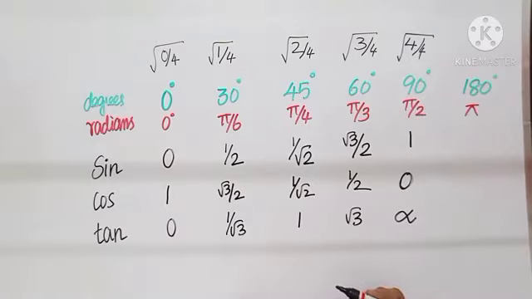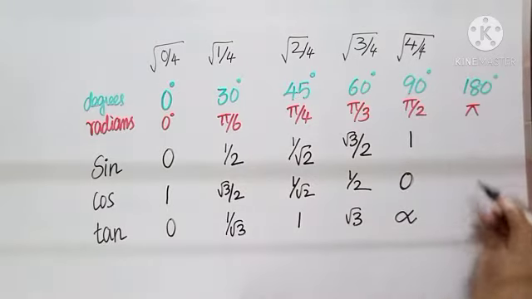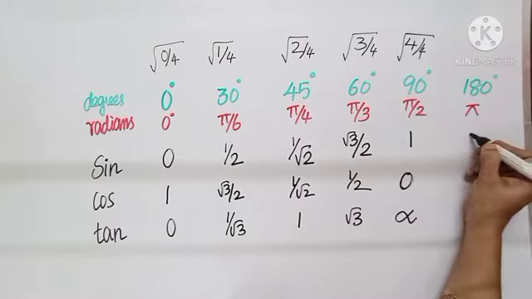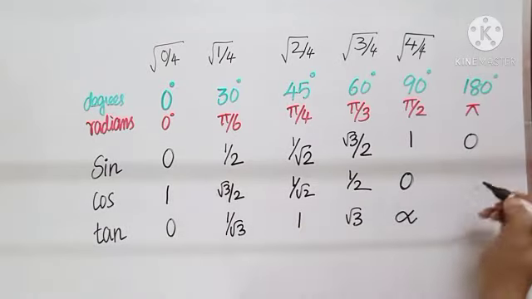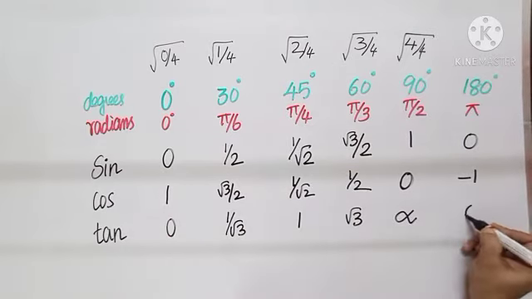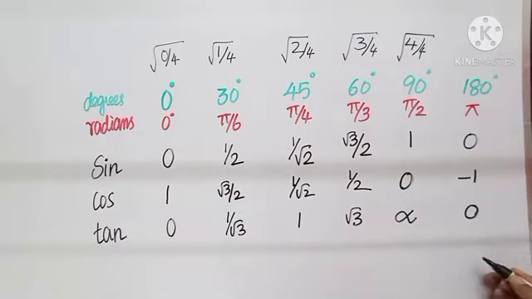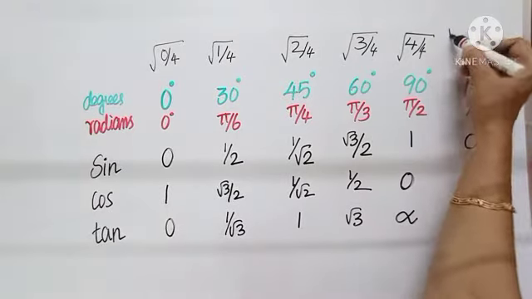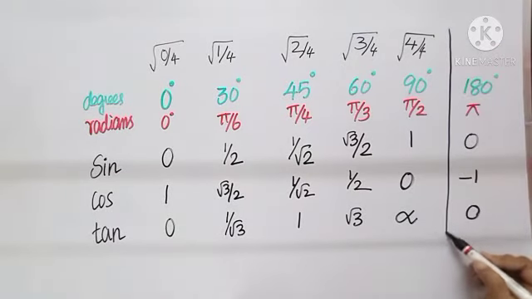We also need to know 180 values. Let us remember sine 180 is 0, cos 180 is minus 1, tan 180 is also 0, because often we use it in problems. It is good to remember this also. But this is different.